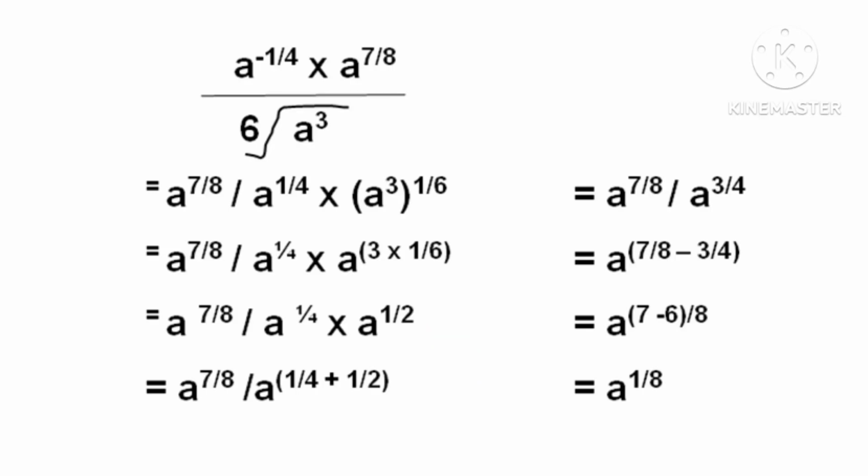Now since base is common for all the terms, add all indices in the denominator. 6. From index of numerator, subtract index of denominator. 7. Therefore a raised to 1 upon 8 is the final answer.